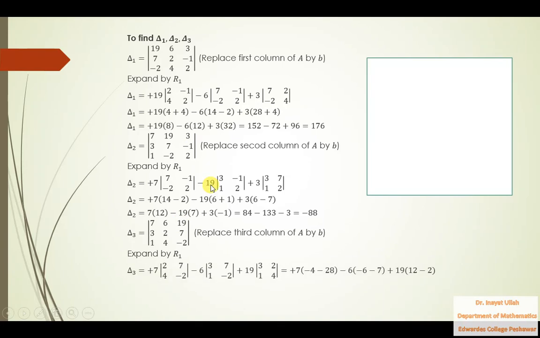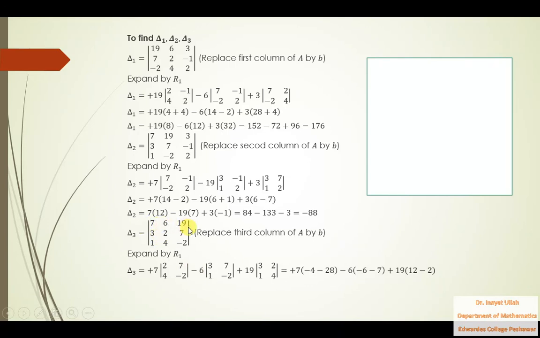Whenever you expand this determinant by row 1, 7, 6 and 19 will be written outside the determinants. Exclude this 7 from here, we are left with 2, 7, 4, minus 2.